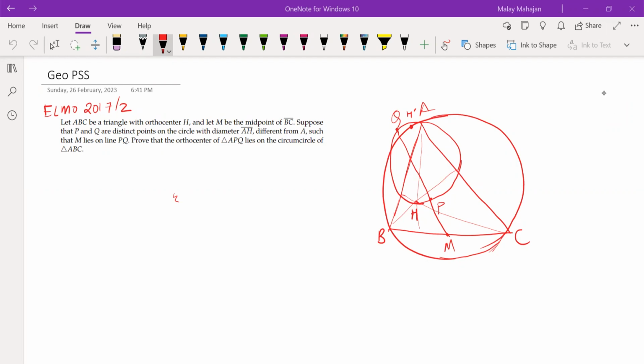Okay. So directly thinking about the orthocenter of APQ seems a bit hard. So try thinking about some other property of orthocenters, some other nice property.